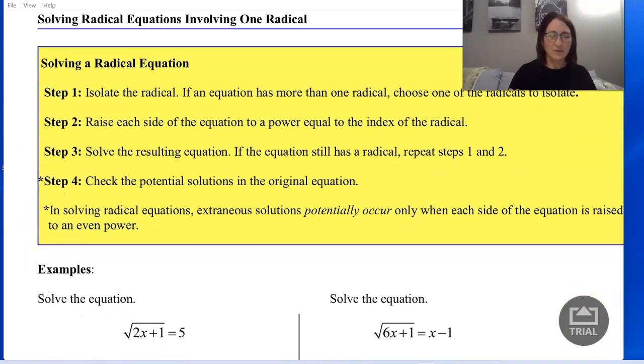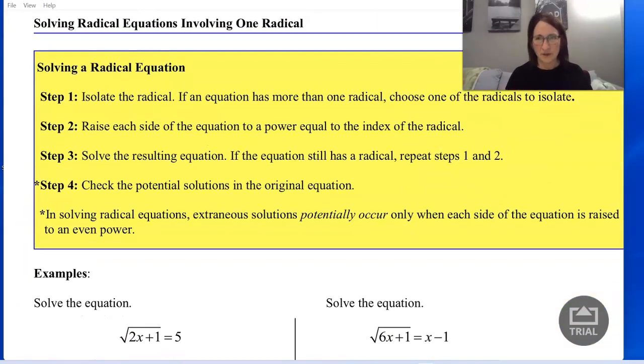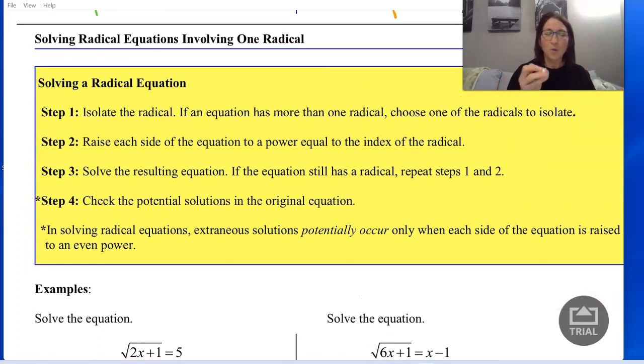In order to solve equations that have one radical, you're first going to isolate the radical. If there is more than one radical, just choose one of them to isolate. Then raise each side of the equation to a power equal to the index.